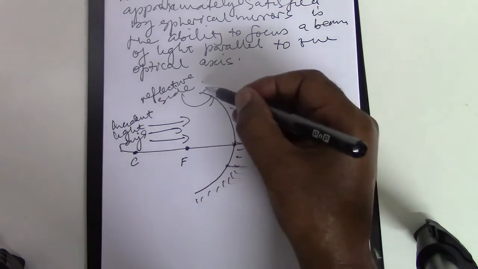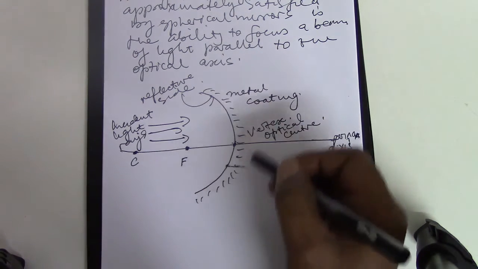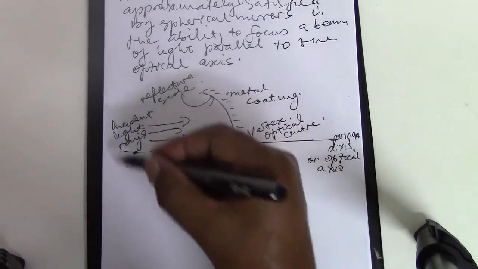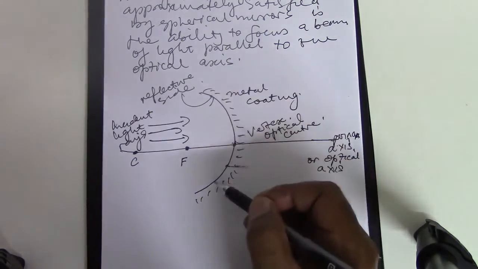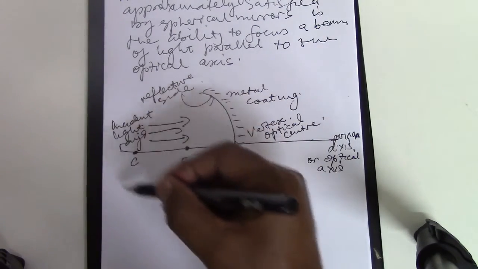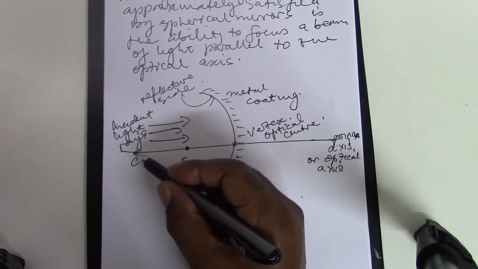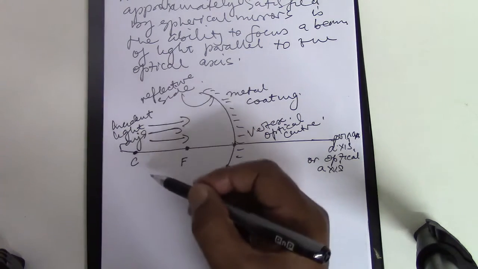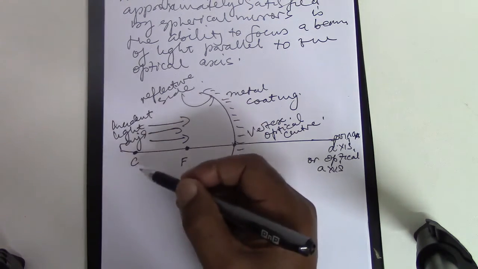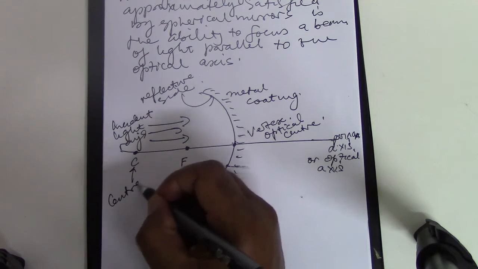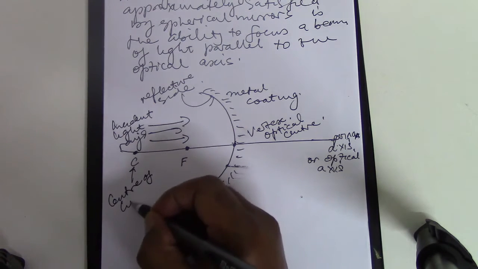Now remember we said this forms a section of a sphere that would go around. So this section, if it were a sphere going around completely, then this would be the center of the sphere. So we call it center of curvature.